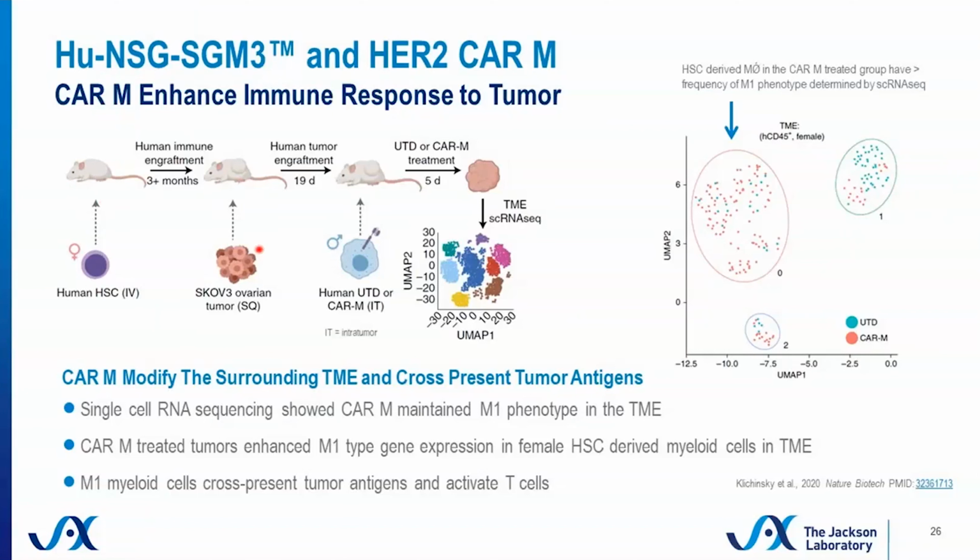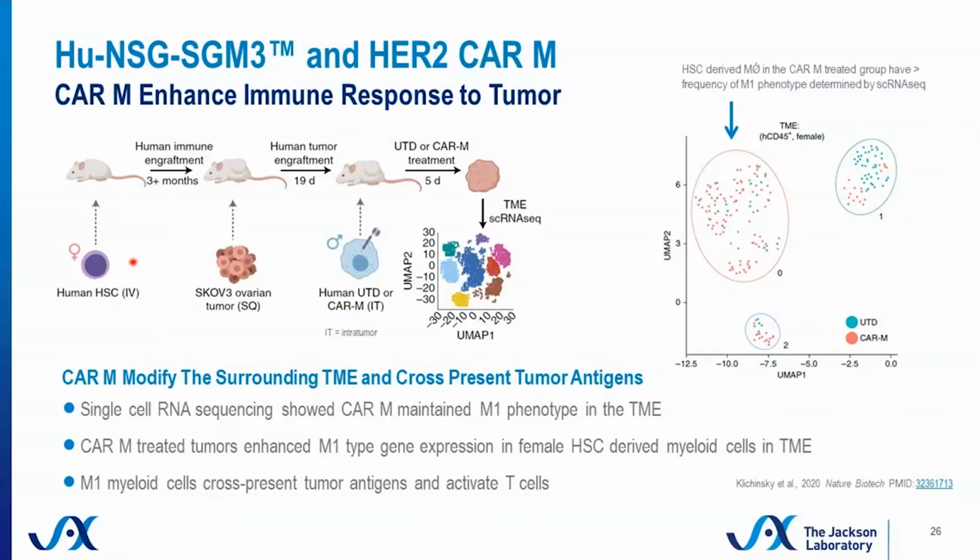They took the same tumor cells and put them into the flank of the mice. So this is a solid tumor model. They waited about 19 days so that they could allow the immune cells that are circulating in the mice to infiltrate into the tumor. Then they took their engineered myeloid cells and they used male engineered human myeloid cells, created those CARs, and injected them intratumorally.